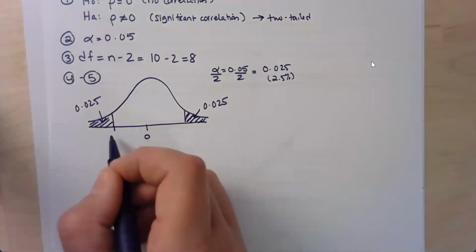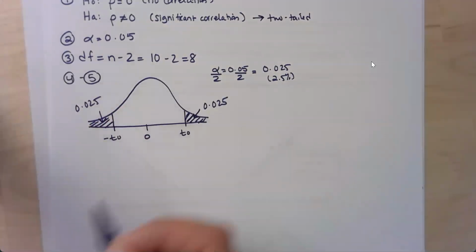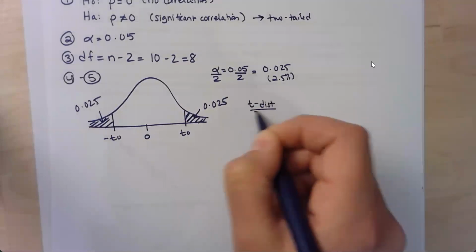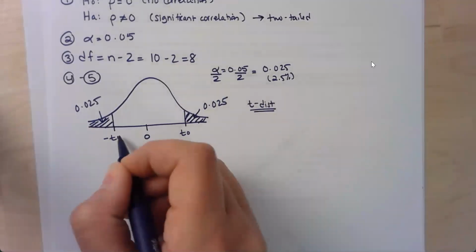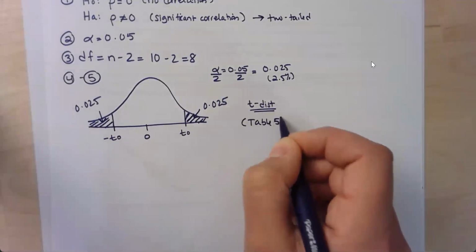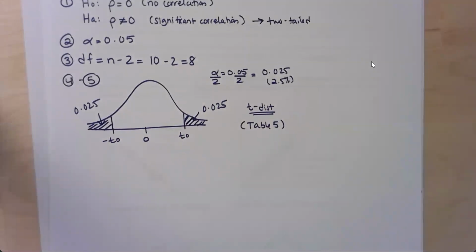Now, don't forget we're doing a t-distribution here. So if you go back to the setup on the page before, this is a t-distribution, not a z. So what you can do to find those critical values, you can use your table in the back of the book. You can use your technology. Either way is fine. I'm going to use the table just because it tends to be the fastest way with t-values for the critical value method.